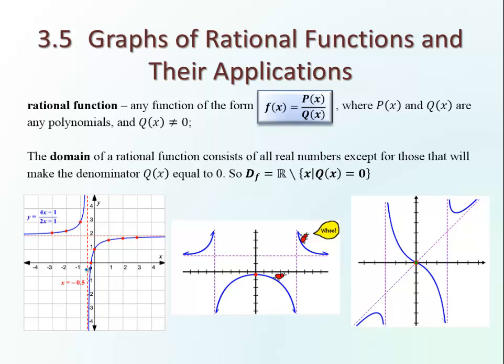So for example, in the first graph, we have one vertical asymptote coming through -1/2 and one horizontal asymptote coming through 2. We can also relate this graph to the equation of it, because if we solve the denominator for 0, the x will happen to be exactly -1/2.